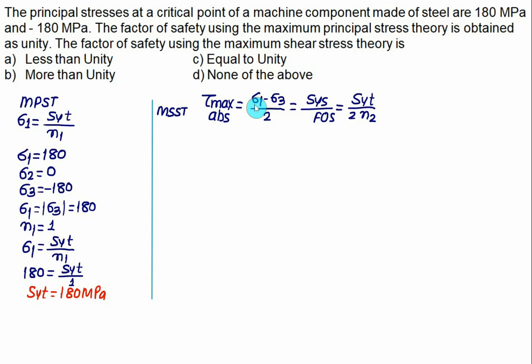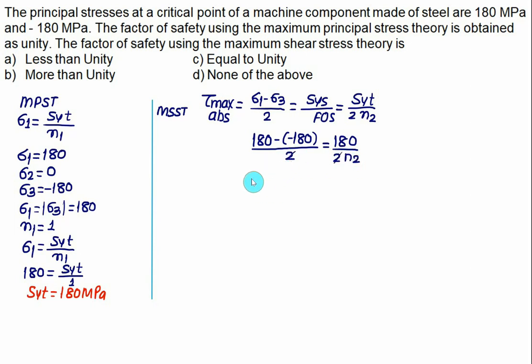So this equation you have to use for maximum shear stress theory: (sigma 1 minus sigma 3) by 2. We have sigma 1 equal to 180 minus sigma 3, which is minus 180, divided by 2, equal to SYT, that is 180 divided by 2, and the factor of safety is N2. 2 and 2 will cancel out.